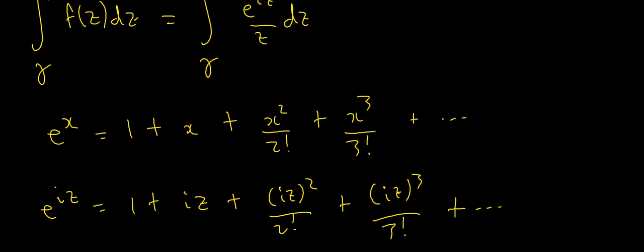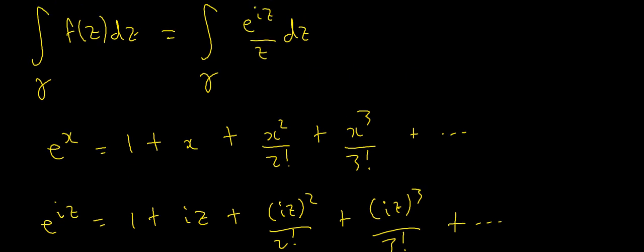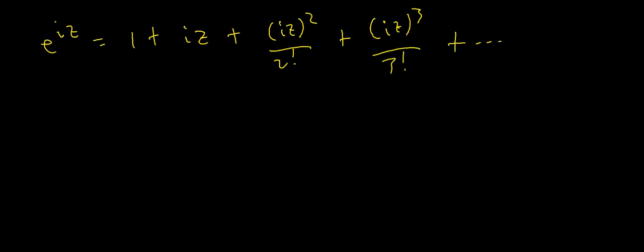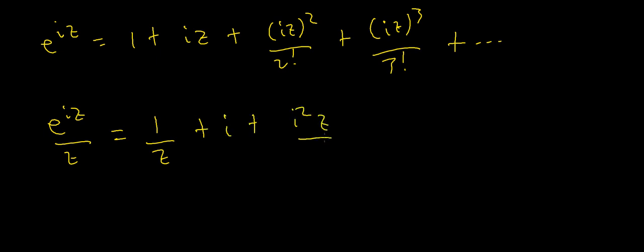And I want to see if I can use this in my integrand. To do that, I'm going to have to divide both sides by z, and that's going to give me e to the iz over z is equal to 1 over z plus i squared z over 2 factorial plus i cubed z squared over 3 factorial, and just like that.